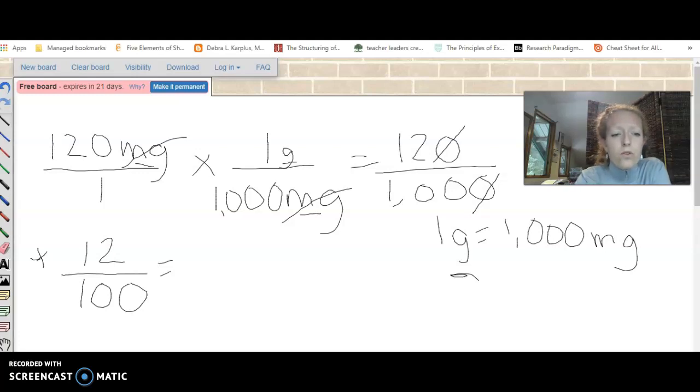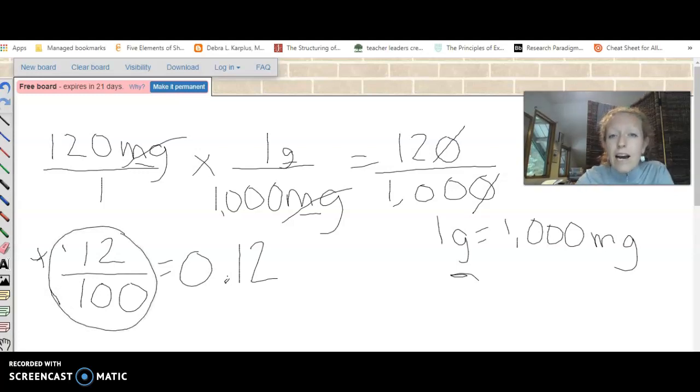So 12 over 100 is 0.12. 0 and 12 hundredths. So say that out loud with me. 0 and 12 hundredths. And that's what we have here. We have 12 hundredths. Perfect. If you can say this fraction out loud, you know how to change it into a decimal.